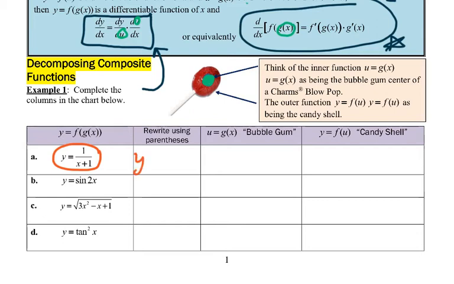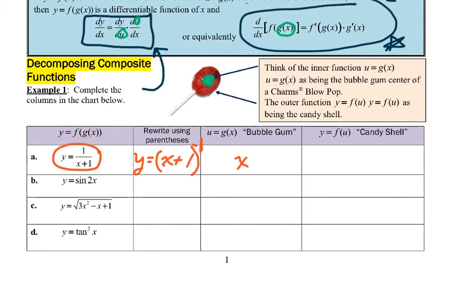So to use the chain rule, we need to see the inside function, which I'm going to call the gum, or the u, and the outside function. In this case, it'd be to the negative first, because that's what it means when you have something in the denominator like that: it's x plus 1 to the negative first. So if I say, what's the inside function? What's u? Or what's the gum?